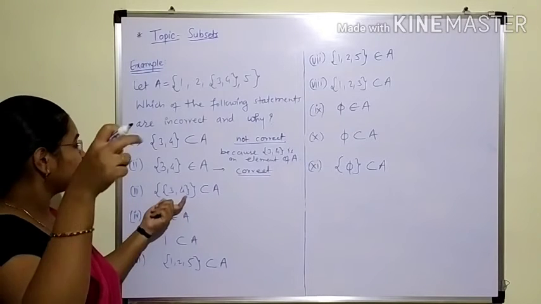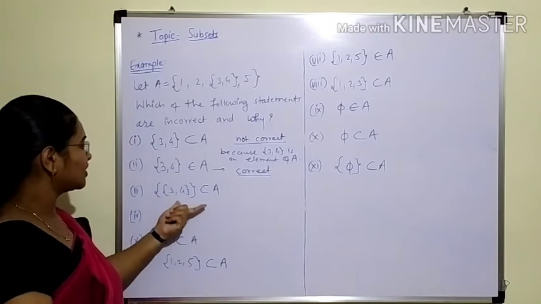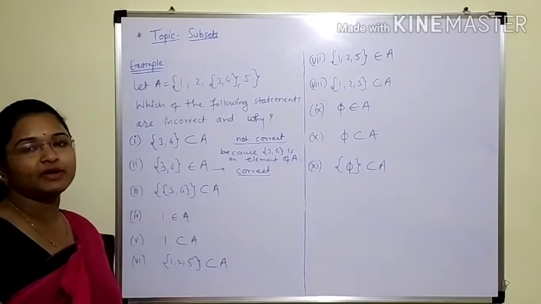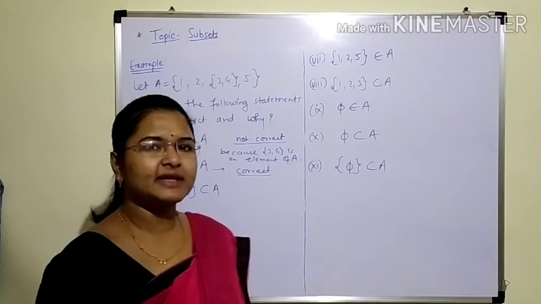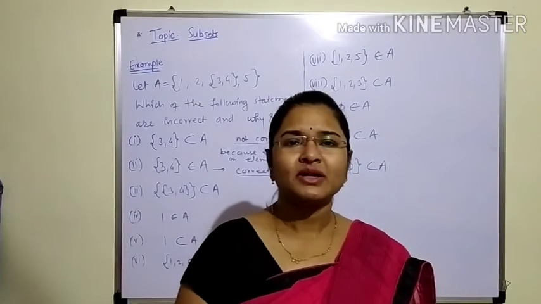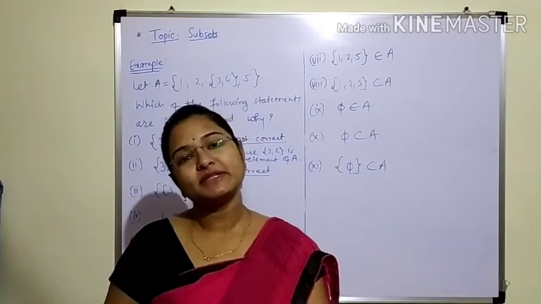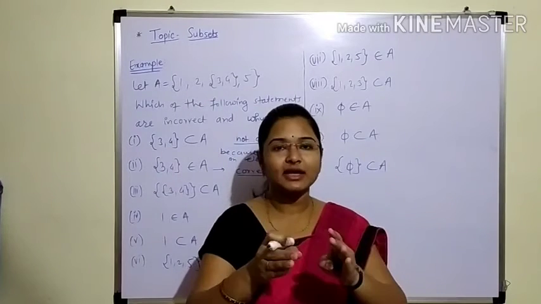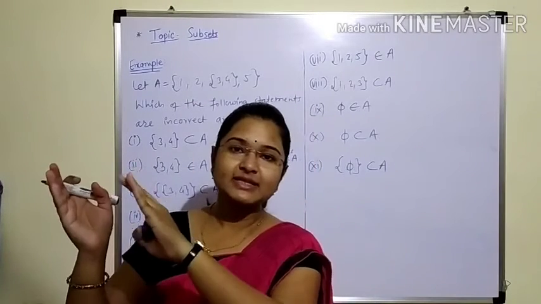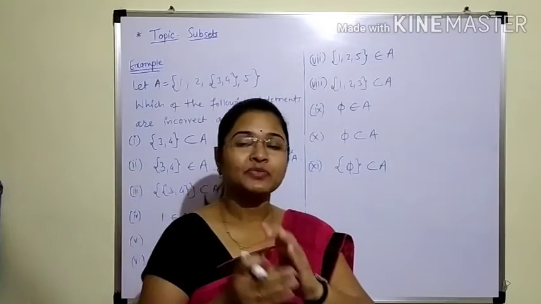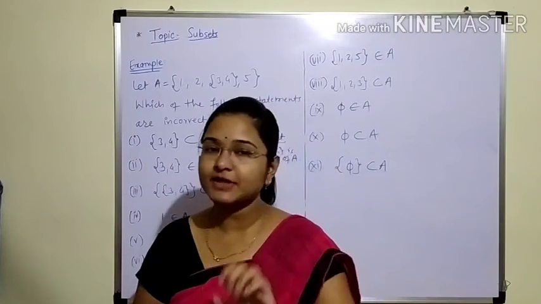Next one, in the set, one more set is there. {3, 4} is a subset of A. Now student, if any set has elements a, b, c, then if we write those elements in the form of a set, for example singleton {a}, and the original set has elements a, b, c, then the singleton {a} will be a subset of that set.